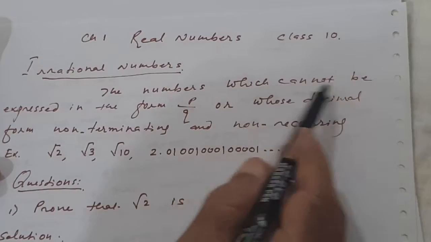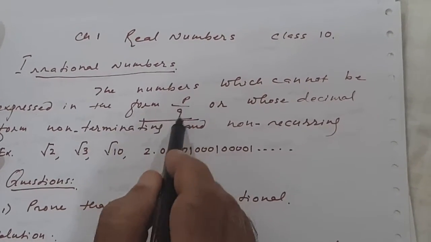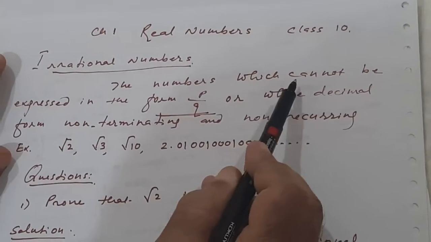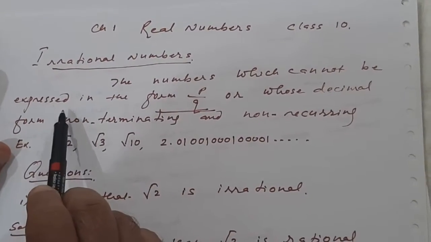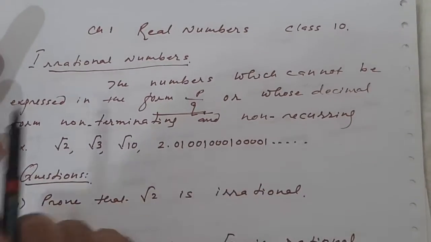The numbers which cannot be expressed in the form of P upon Q, where P upon Q is a rational number, are called irrational numbers.